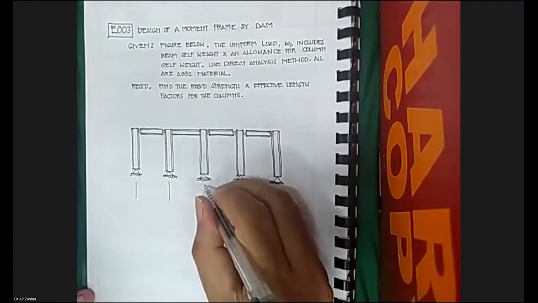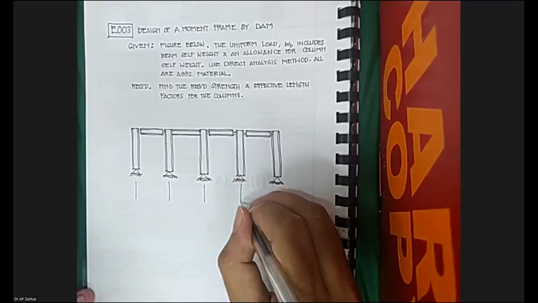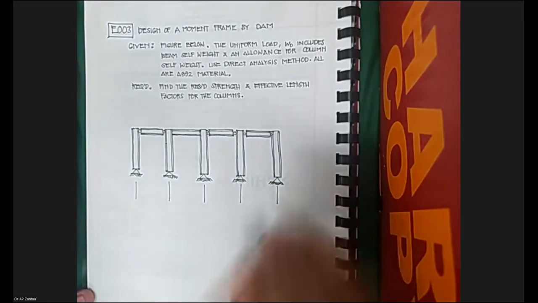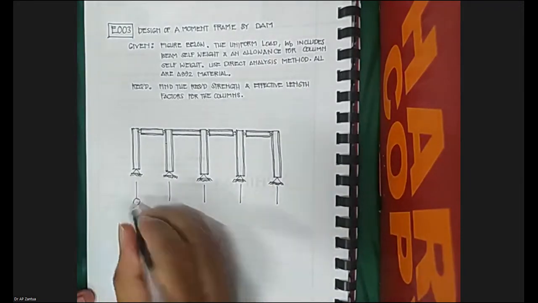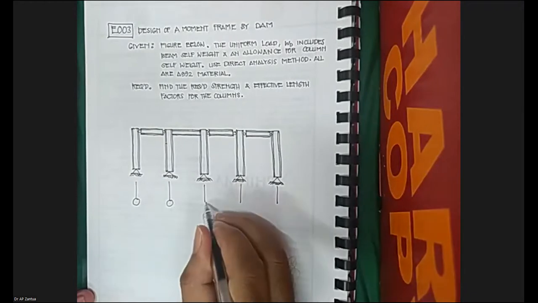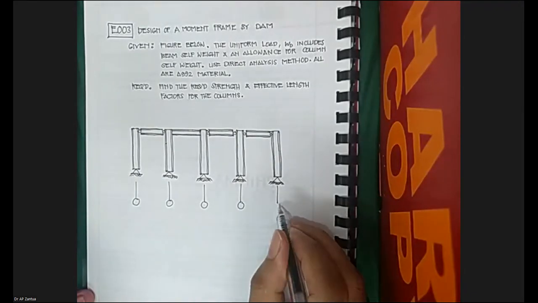Okay, so we have all the information. Let us draw the grid. I am drawing and labeling the grid.